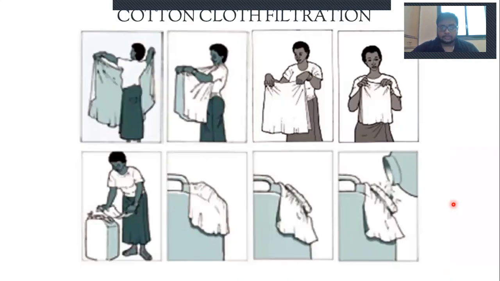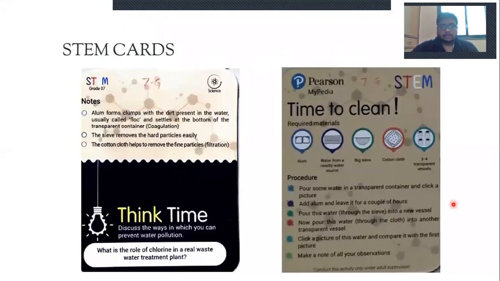The sieve removes hard pieces easily, like I explained, the stones or anything, for example, rice and flour if they are mixed together, that's a classic example. Then a cotton cloth helps to remove the fine particles, that is filtration. And there's a think time for all of you.